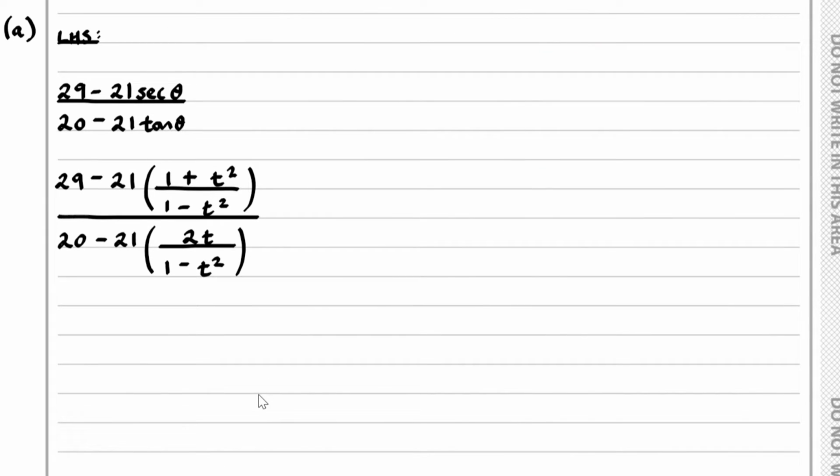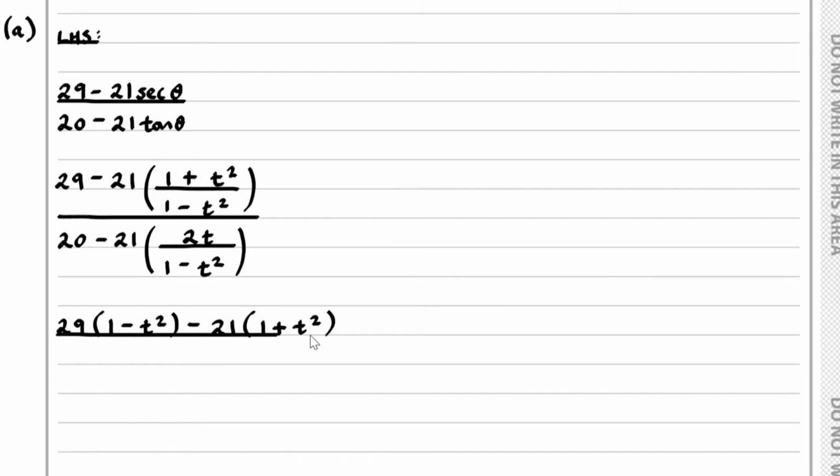So if we simplify this result by multiplying both the numerator and the denominator by 1 subtract t squared, then we would have 29 multiplied by 1 subtract t squared subtract 21 multiplied by 1 plus t squared.